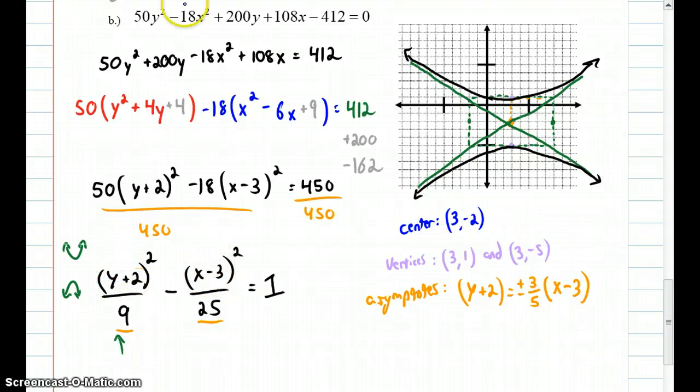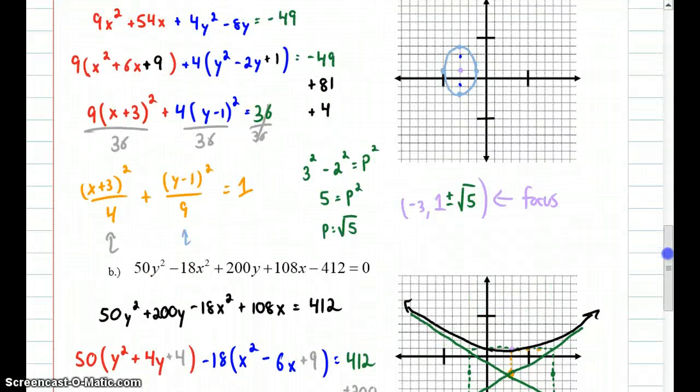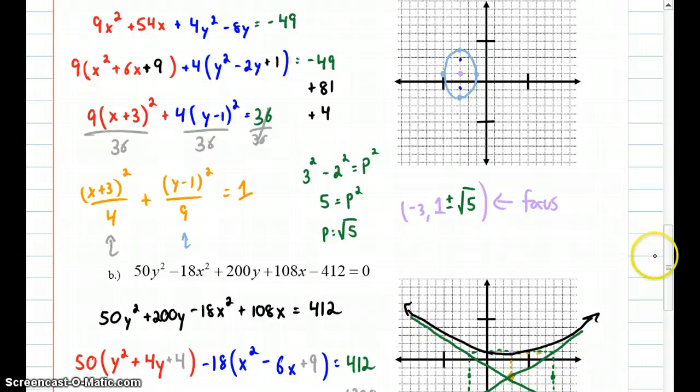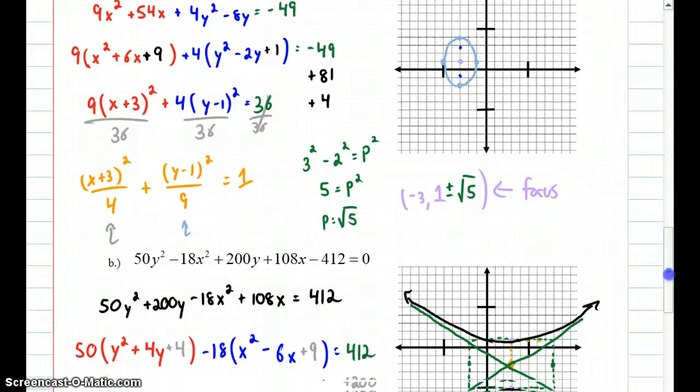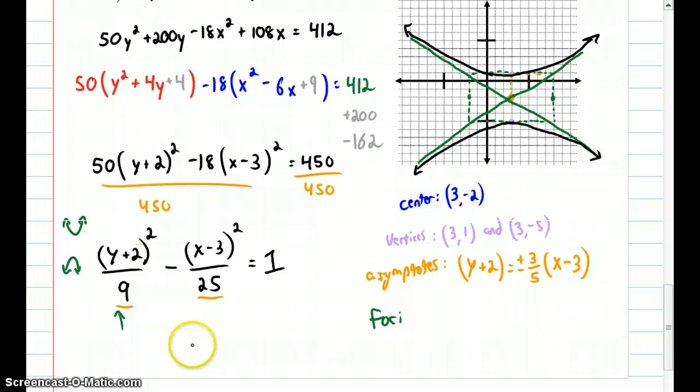The last thing that we might want to write out is the focus, or the foci. For this, it's just straight up Pythagorean theorem. For the ellipse, we had to subtract, since we wanted something inside of the ellipse. Now we want something on the outside, so we will say a squared plus b squared equals the distance to the focus squared. A squared is 9, b squared is 25.